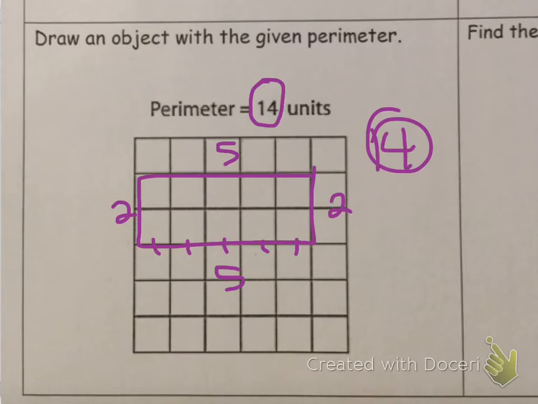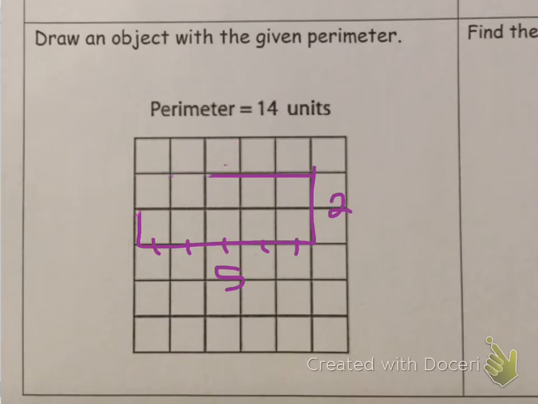Now, that's a great example of how to find perimeter on an object, but I just want to show you that it didn't have to be something like that. That's a really nice rectangle, but we could have done something different. We could have done something like this if we wanted to, and counted the perimeter around it. I'm just guessing on this, so I might be wrong on the perimeter here.